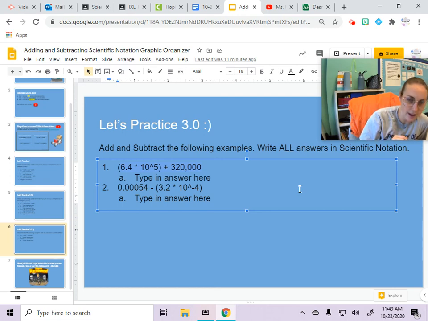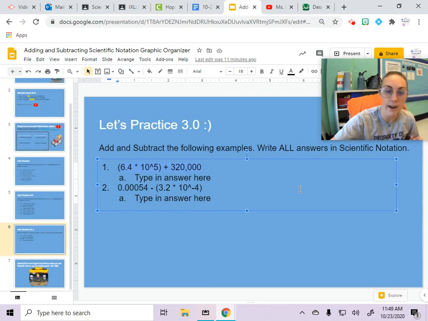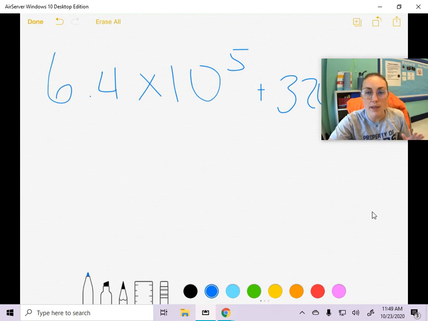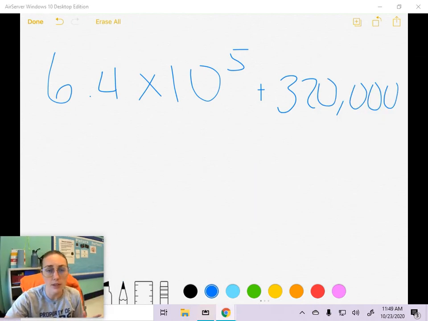And then we're going to add that by 320,000. All right, cool. So what we have to do here is we have to put them both in the same form. You can either change this number into standard form or you can change this number into scientific notation.